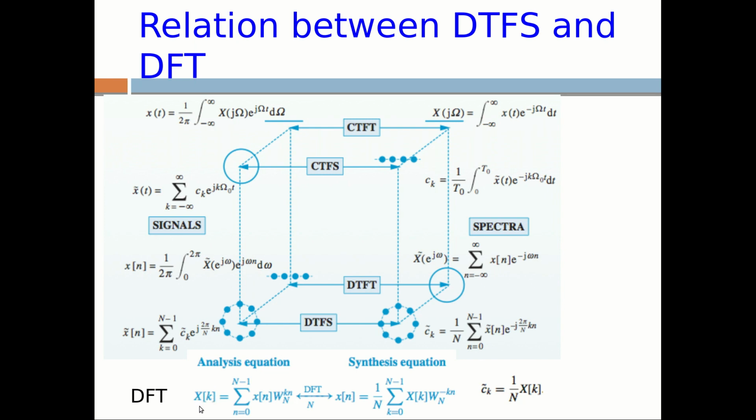Xk, the spectrum coefficients in DFT, can be found using this equation, which is also called the analysis equation. Whereas we can construct the original signal back from the spectrum domain using the synthesis equation. The relationship between the spectrum coefficients of DTFS and DFT is as follows.